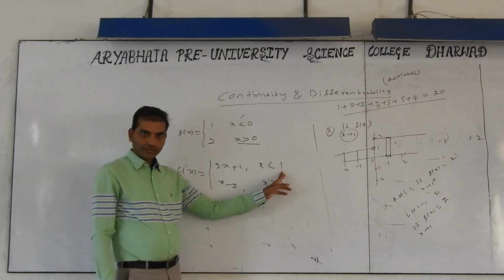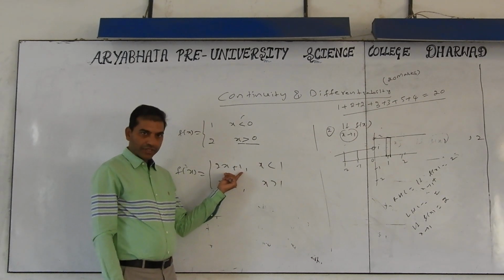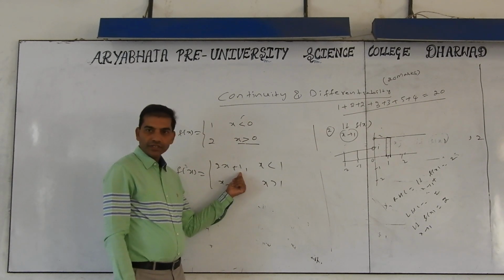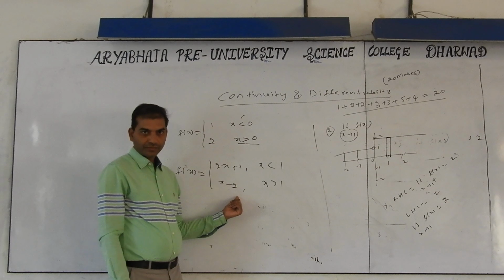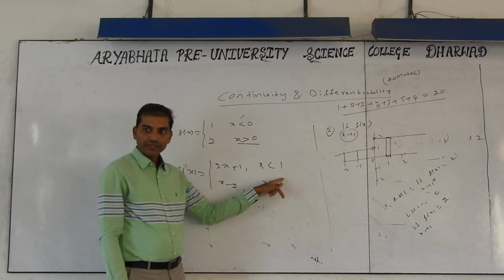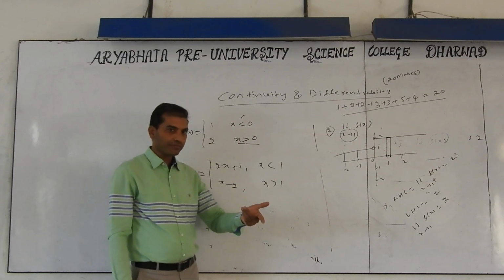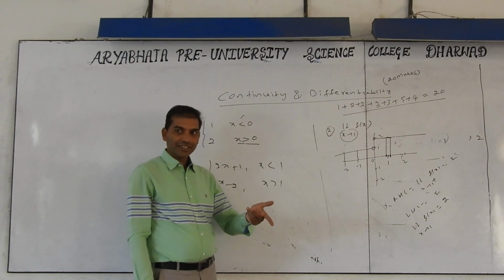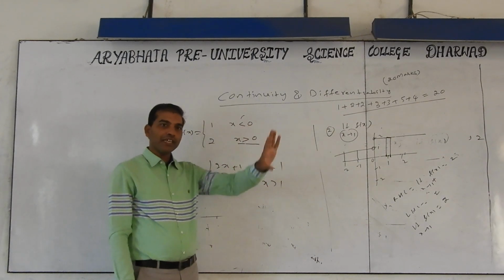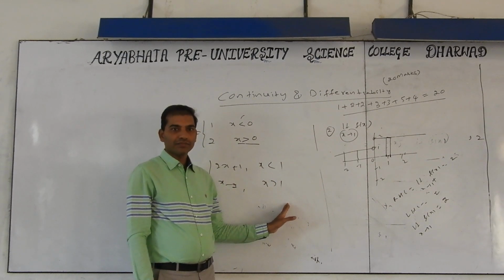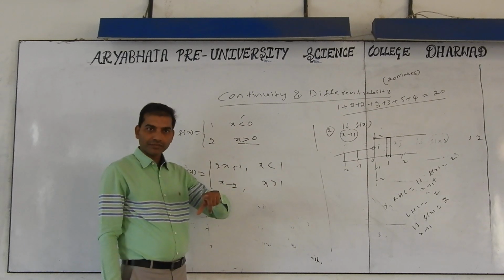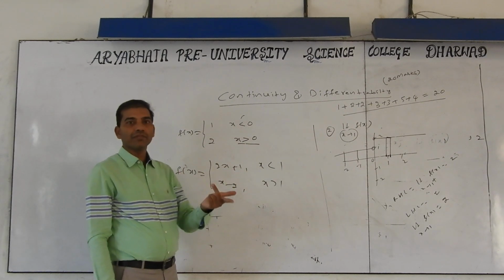At 1, because below 1 there is one function and above 1 there is another. So from left to right the functions are changing. At what point? 1. What about 2? Not changing. 3? Not changing. 0? Not changing. Except this point, the remaining points are not changing. Okay? If they ask for the limit at this point, then we should find the left limit and right limit.